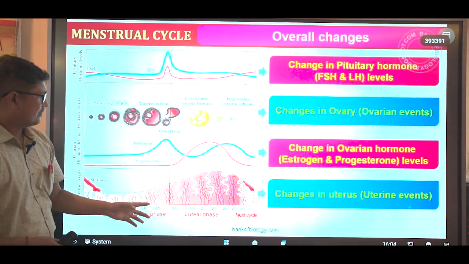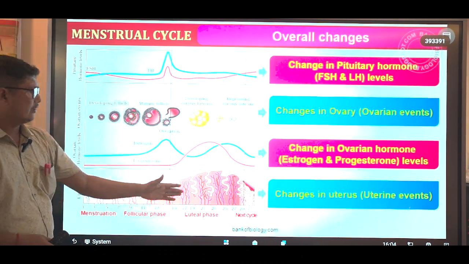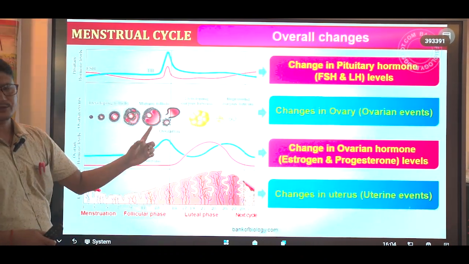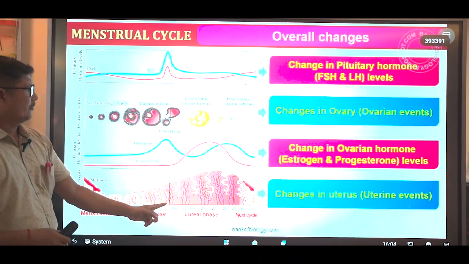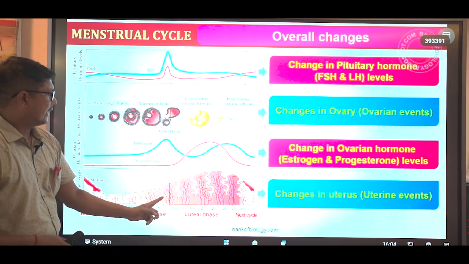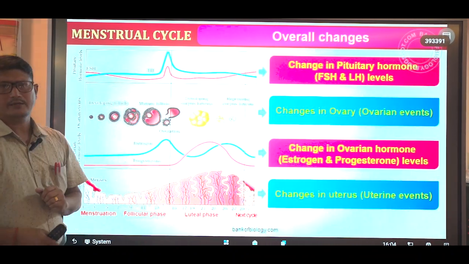This results in the development of the ovarian follicles, and on the 14th day there is ovulation. During this time the estrogen hormone reaches its peak.